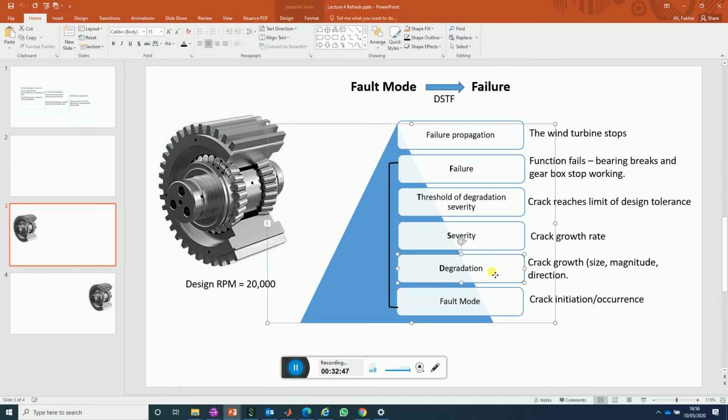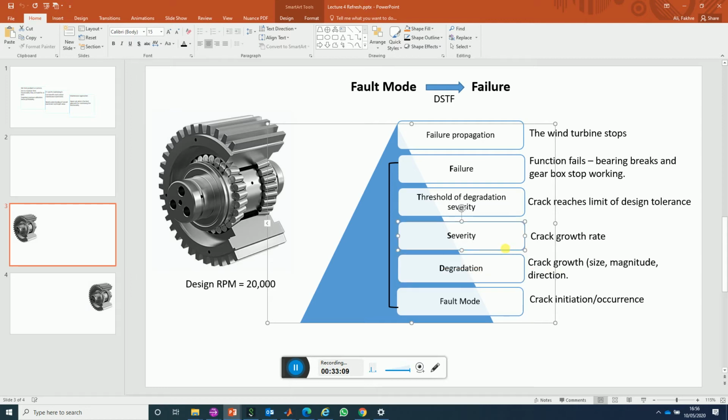Once the crack occurs, the bearing is degraded. The crack increases, the degradation severity increases. Yeah? The growth of the crack rate. Okay. Now, once the crack occurs, degradation has started.